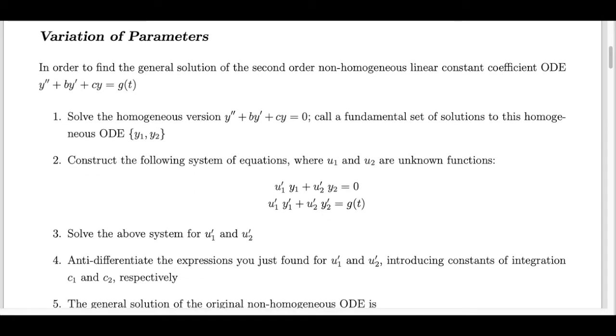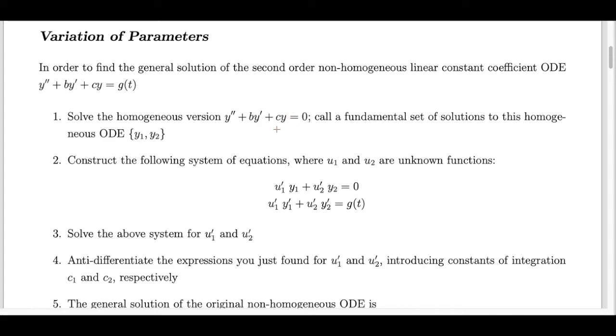So let's take a look at the steps that are involved in enacting the method of variation of parameters. Our goal here is to find the general solution of a non-homogeneous linear constant coefficient ODE that has this form. And as always, our first step is going to be to solve the homogeneous version of the differential equation, where we set the right-hand side equal to 0.